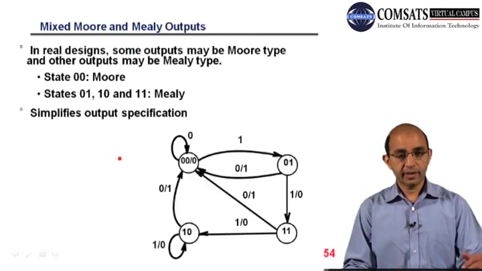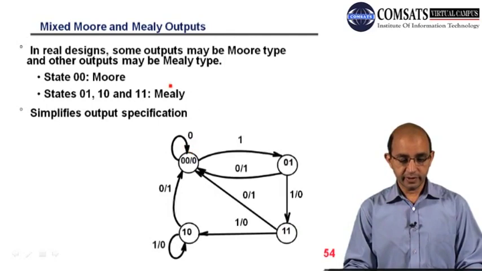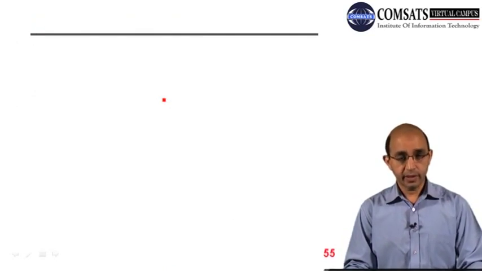And again here you can see that we have a mixed model. You can see that here state 00 has output within the state, so this is Moore. And 01, 10 and 11 are Mealy. So we can always have the mixed model.